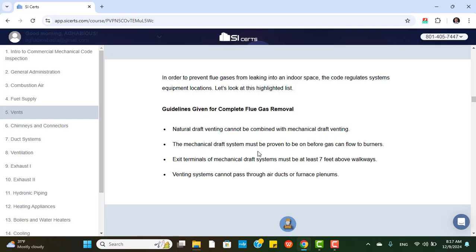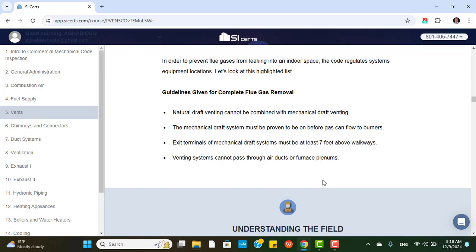The mechanical draft system must be proven to be on before gas can flow to burners. Exit terminals of a mechanical draft system must be at least 7 feet above a walkway. A venting system cannot pass through the air duct of a furnace plenum.